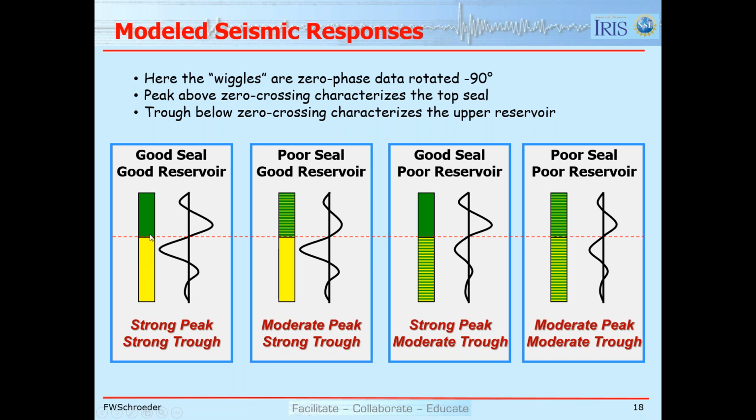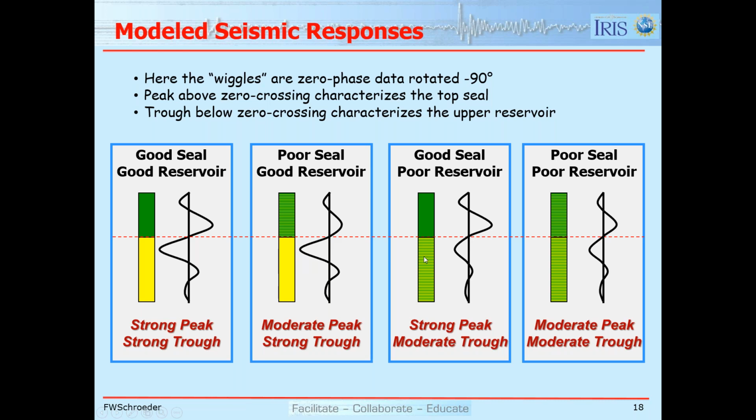And so in this particular area, if I have good quality seal and a good quality reservoir, I'll get a strong peak above my interpreted horizon, and I'll get a strong trough below it. If the seal is poor and the reservoir is good, I'll get a low to moderate amplitude peak with a strong trough.